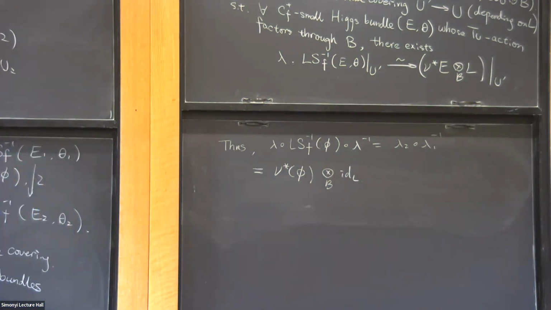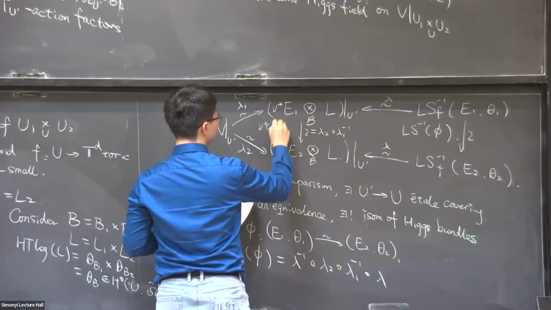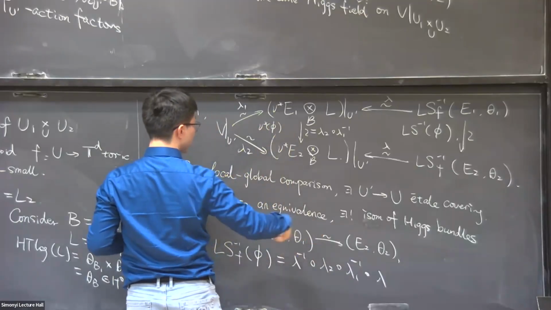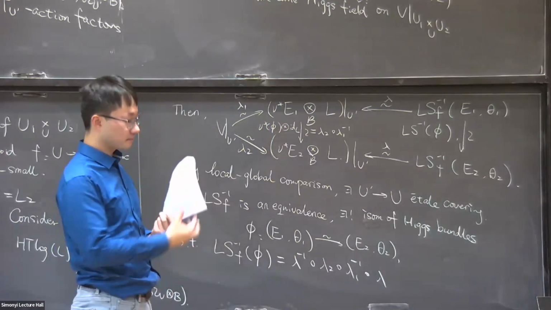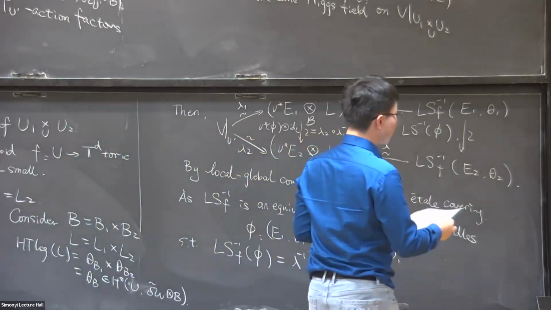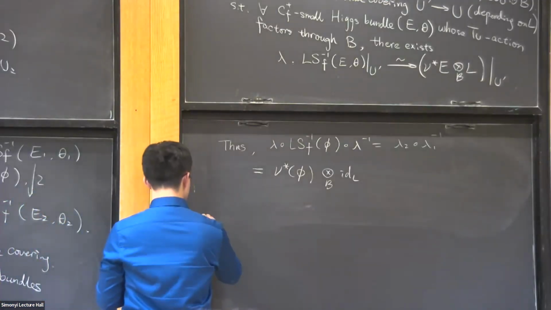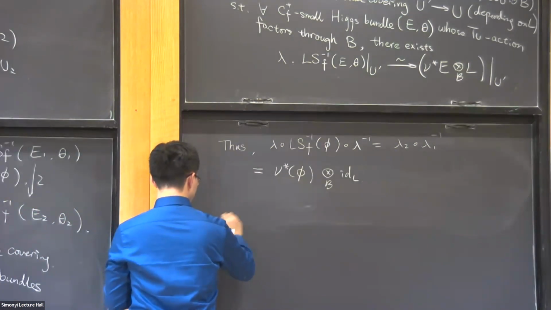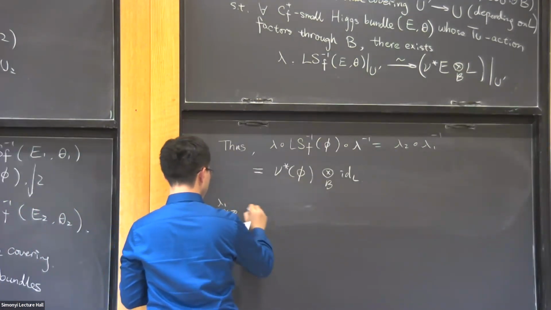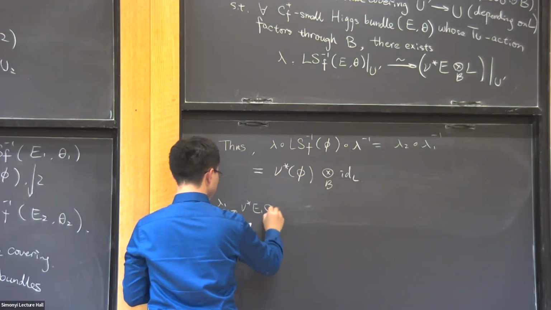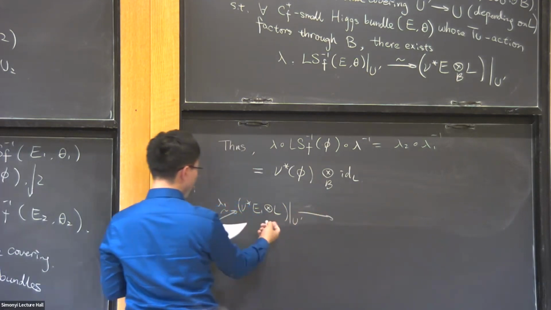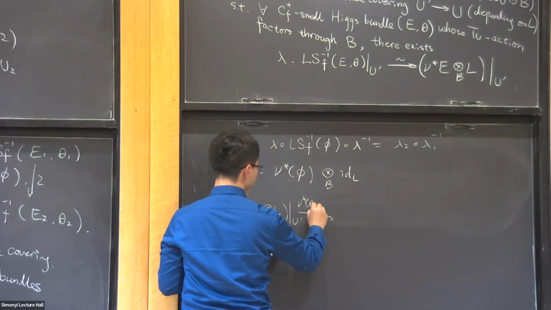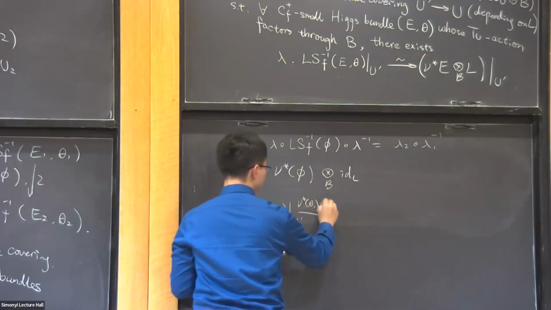Namely, this is equal to the pullback of phi, where phi is an isomorphism of Higgs bundles, tensor with the identity map. Okay. So now we can conclude. Finally, we have B lambda 1 isomorphic to this thing. And locally, the definition using their theta 1 gives the Higgs field like that.